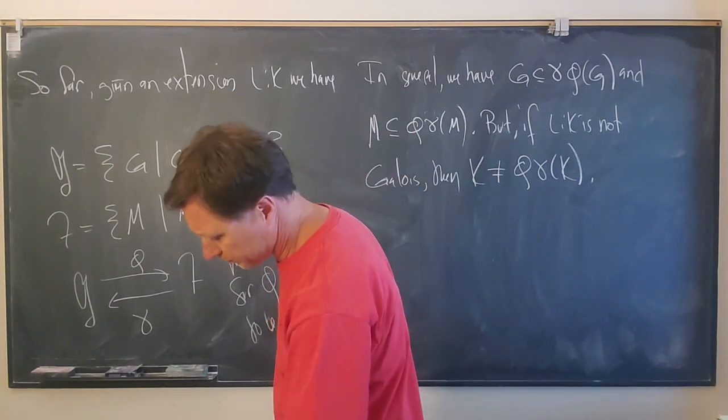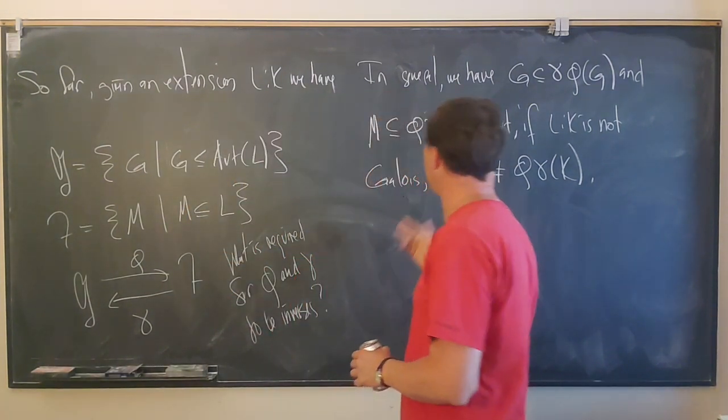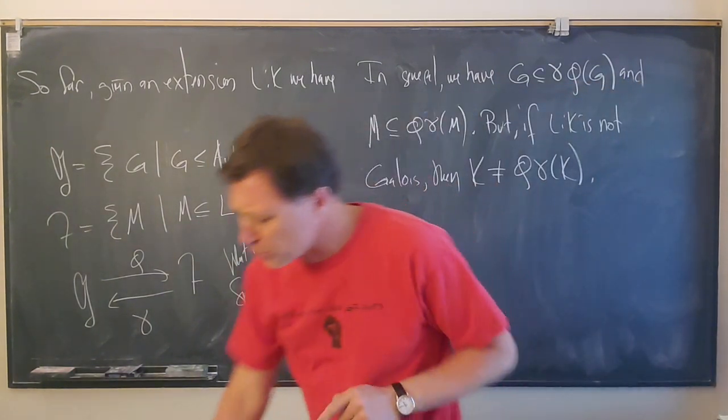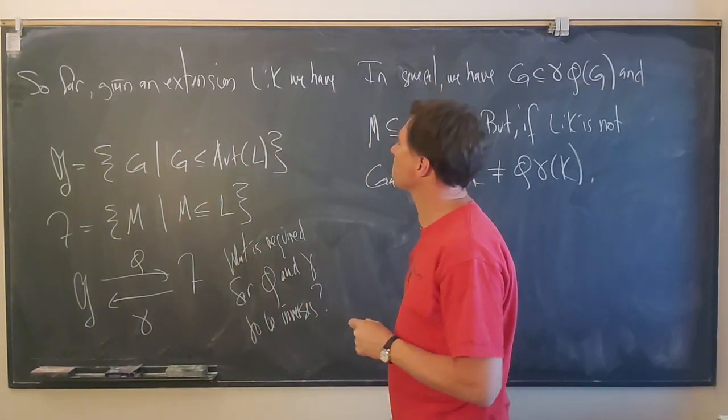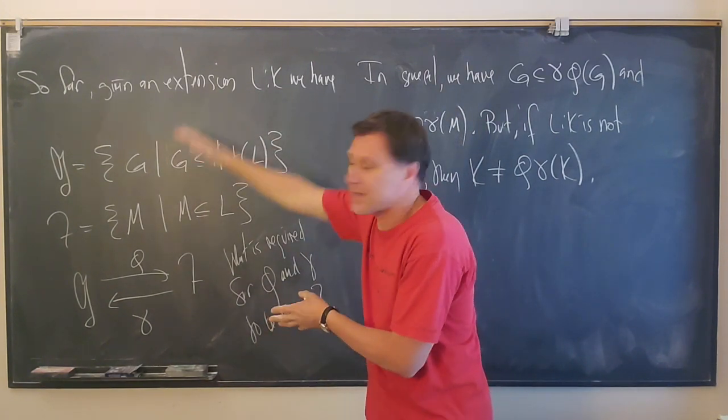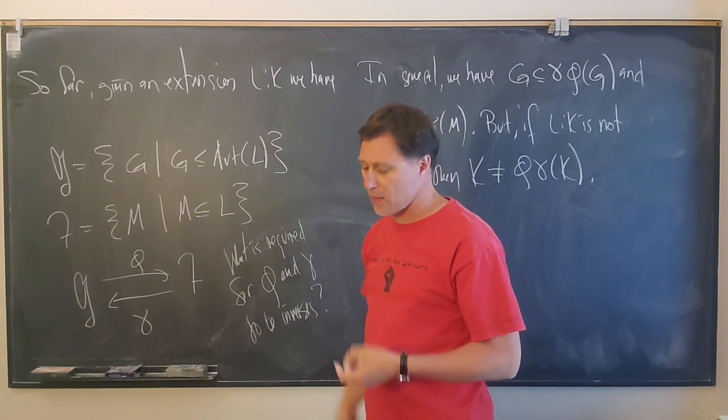So you might say, there's something fishy here. We started off with an extension L over K, but then notice the rest of this does not even mention K. And that's the problem.